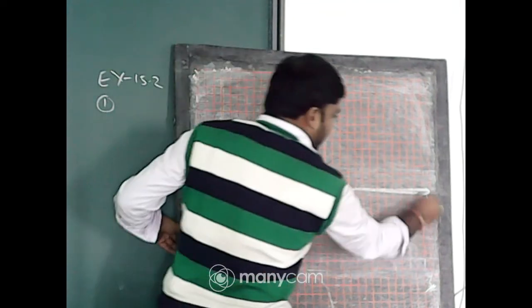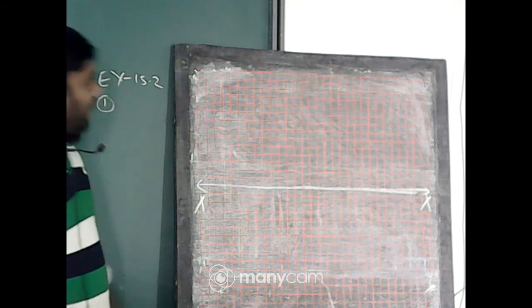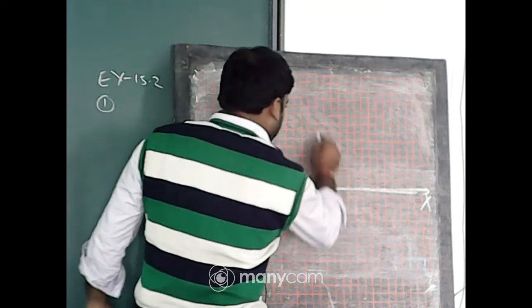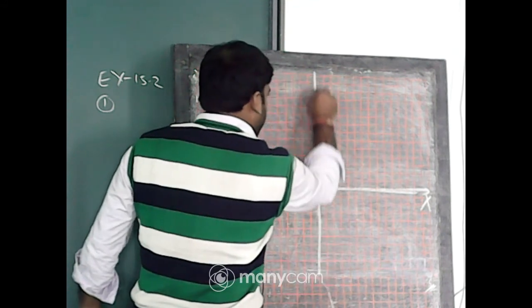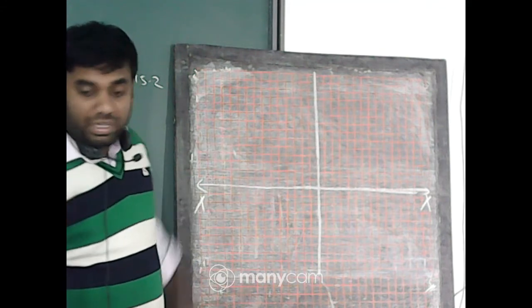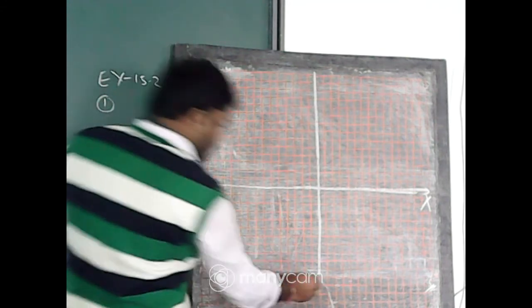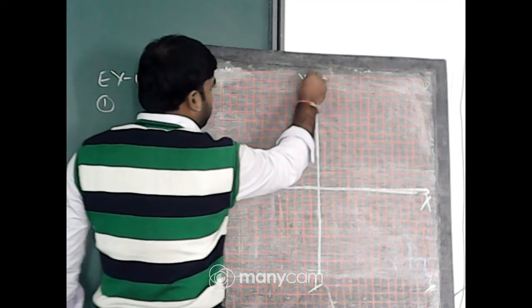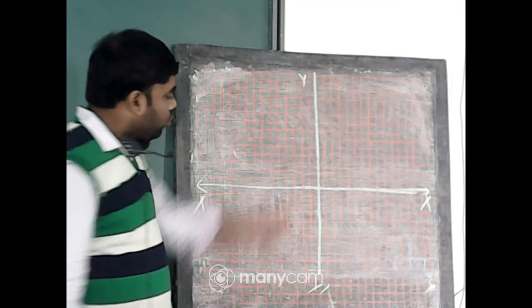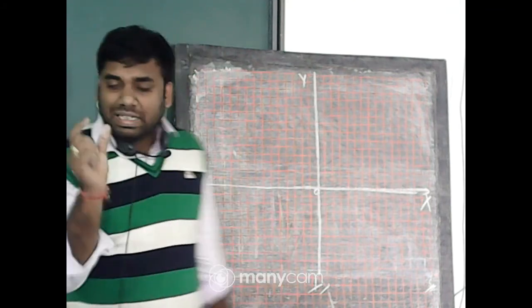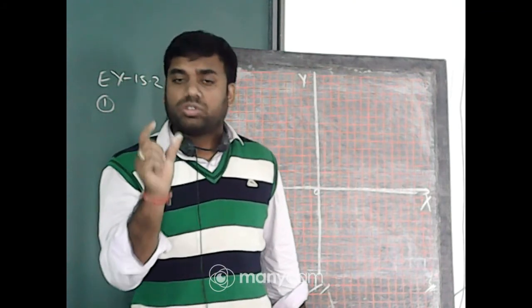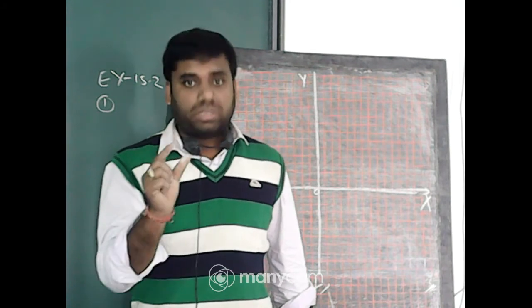That is the x-axis, x and x dashed. Another line I have drawn along the side of the square, so that is the y-axis. Where they cut, that point is the origin. Each side of a small square will be 1 unit.